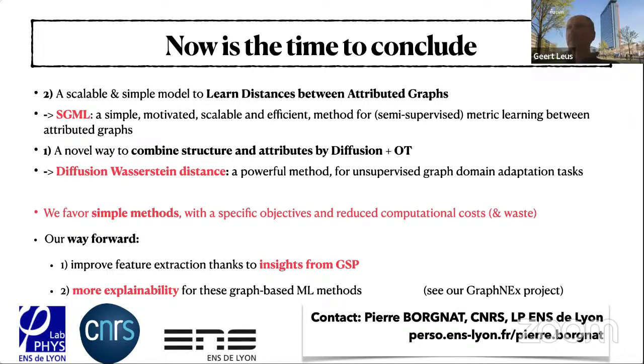Pierrick also had a question: if you have two graphs with the same topology but different signals, then the mask could be moved along the edges. Have you studied this case? Two graphs, same topology, but different signals.